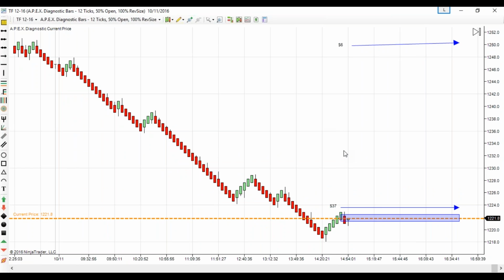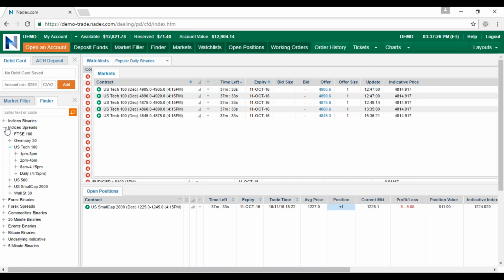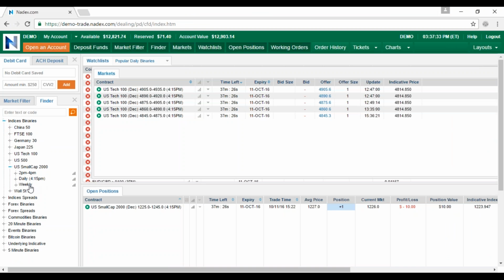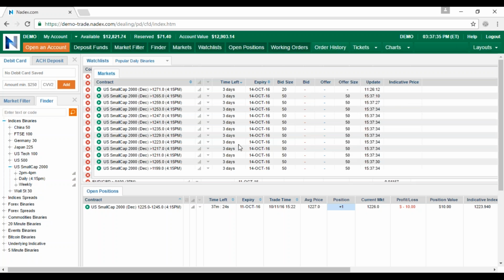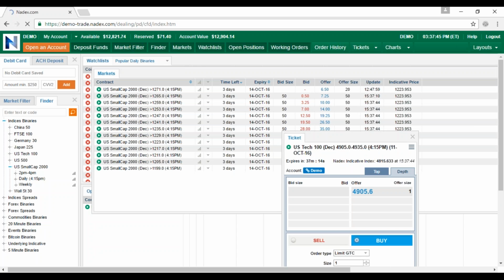I can tell you where most of the problem comes from, guys. It's the same exact problem you have if you're a binary trader and you don't understand binaries. You say, all right, I'm going to trade some binaries. Man, there's a lot of different binaries to choose from. Let's say I want to buy this binary.